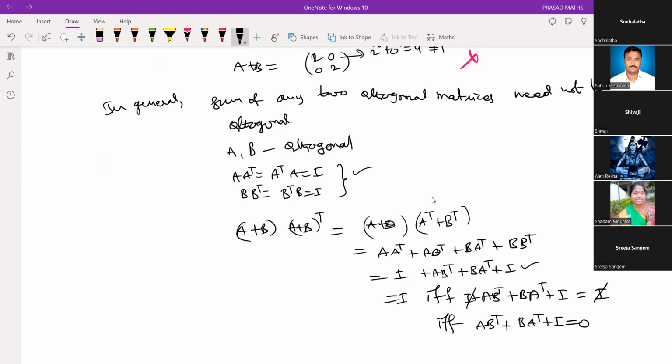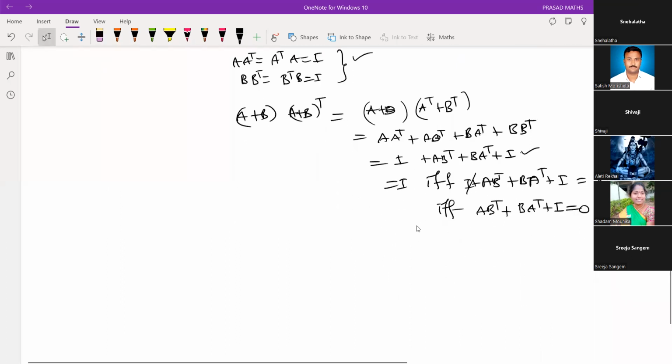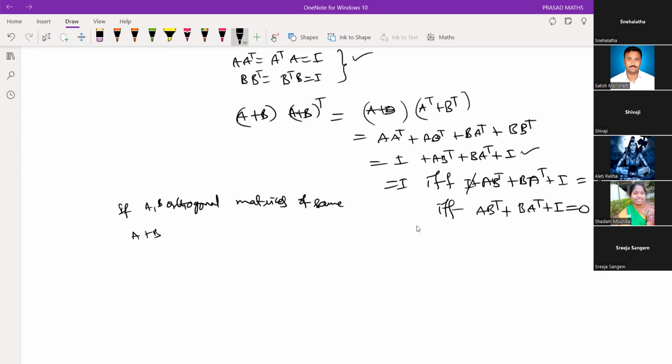In general, the sum may not be orthogonal, but if you take this additional condition, A plus B should be an orthogonal matrix. That is, A plus B is orthogonal if A and B are orthogonal matrices of the same order, otherwise the sum may not be meaningful.